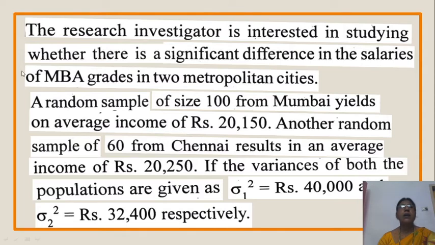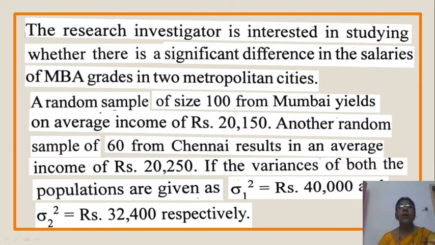So the research investigator is interested in studying whether there is significant difference in salaries. We are going to check whether there is significant difference in salaries of MBA grades in two cities.